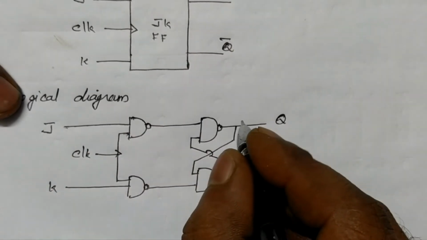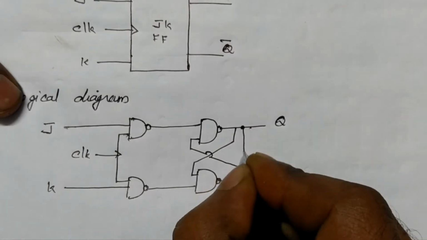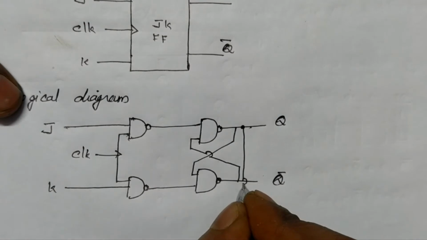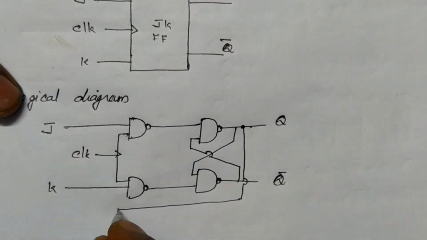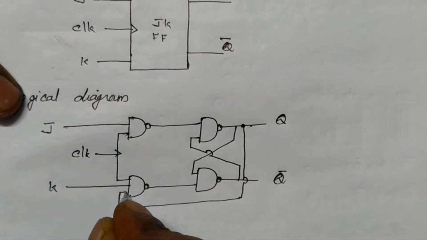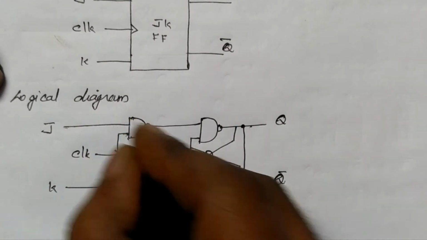Likewise, there is another feedback, which is from the Q value, and it's connected to the NAND gate at the first level.